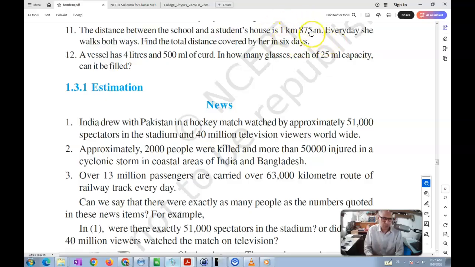Then this whole distance is covered in 6 days, so that whole thing is going to be multiplied by 6, right?